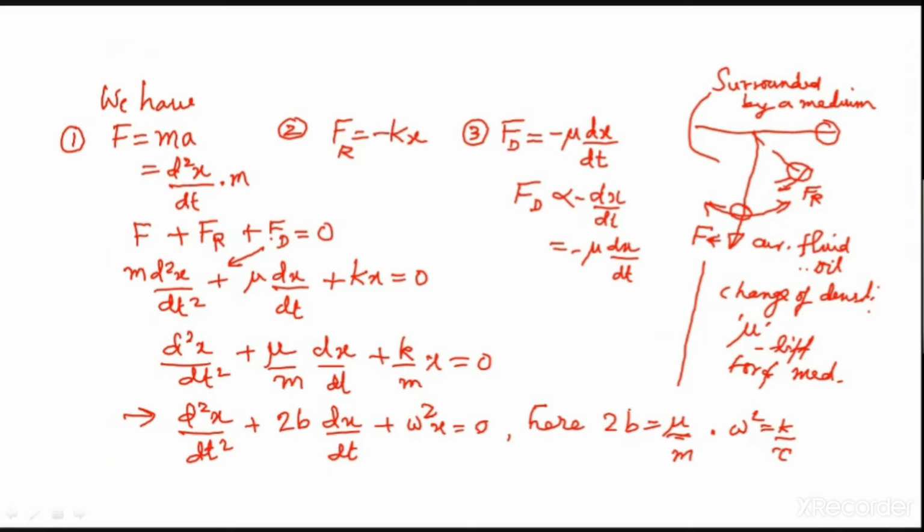See here, this particular b is called the damping constant. Don't confuse it with mu, that is the damping coefficient. The mu is the damping coefficient. B is called the damping constant.